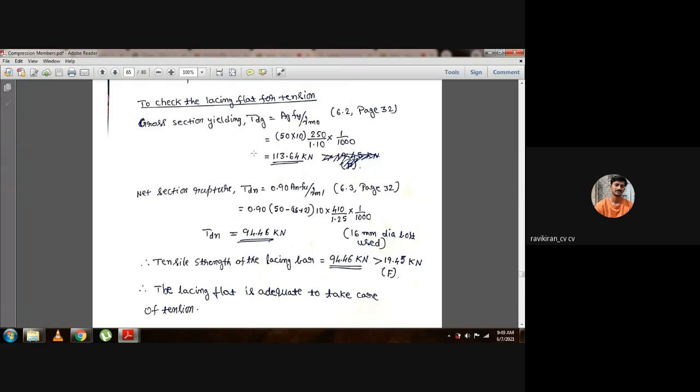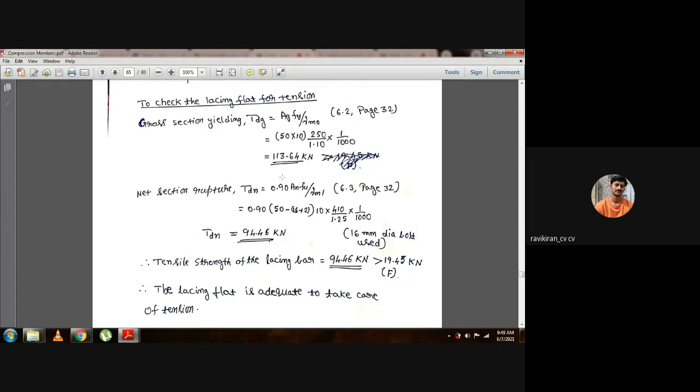Gross section yielding, it is Tdg equal to gross area multiplied by yield strength divided by factor of safety. Gross area is 50 into 10, yield strength is 250, factor of safety is 1.1, which is again available in page 32, clause 6.2. So in this case, how much load did you get for gross section yielding?